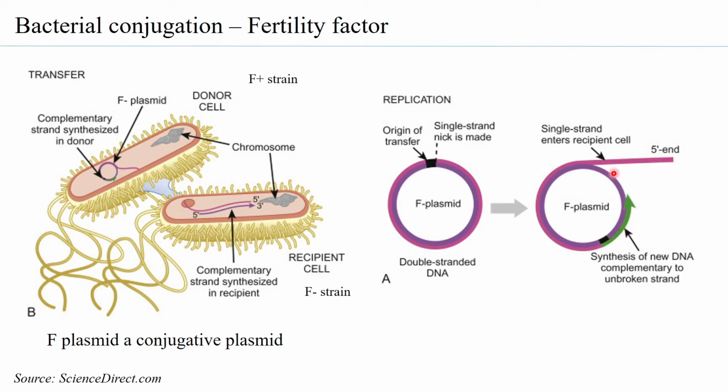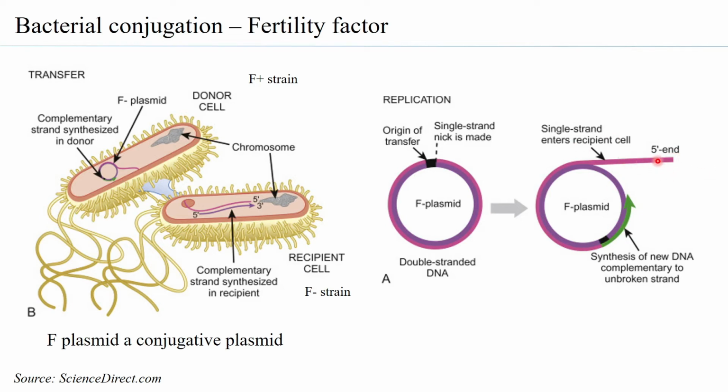Because the new strand that is being formed is displacing the old one, and so this strand that is getting displaced is what will move through the conjugation tube into the F minus strain. So you can very well understand that the plasmid DNA is being retained by the F plus strain, but a copy of that DNA is being transferred to the F minus strain.